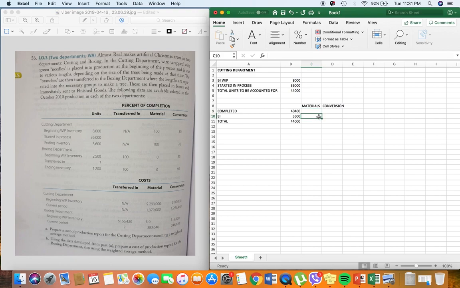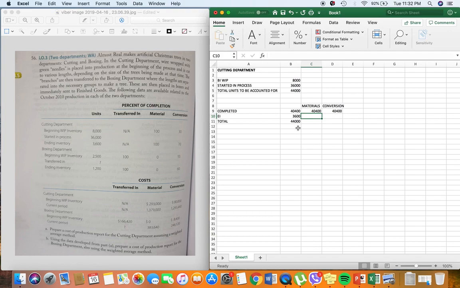Another thing that we have discussed before is that when we are using the weighted average method in accounting for process costing, you do not have to think about the completed units anymore because it is automatic that the EUP for the completed units is equal to 100%, or rather the work done for the completed units is equal to 100%. So we have an EUP of 40,400 for materials and 40,400 also for conversion cost.